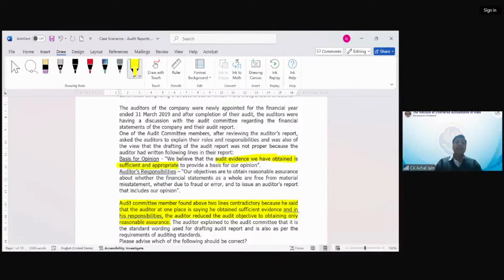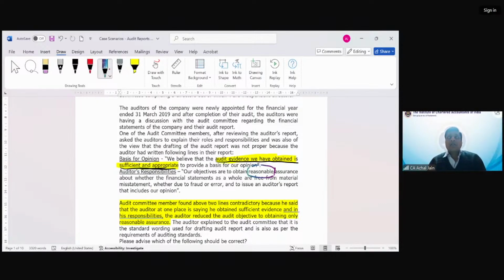So the audit committee is saying that at one place you are making this comment that whatever you wanted, you have obtained. Then why are you writing that you have obtained only reasonable assurance? That's the concern.